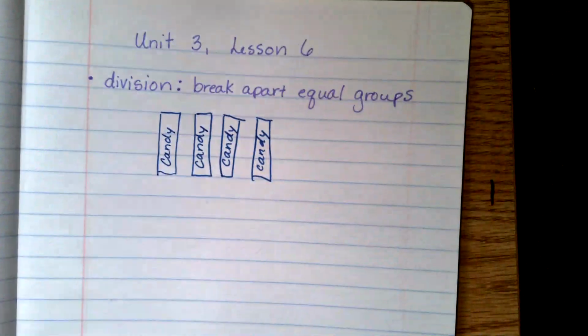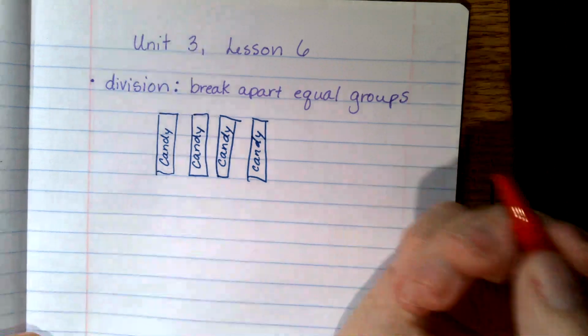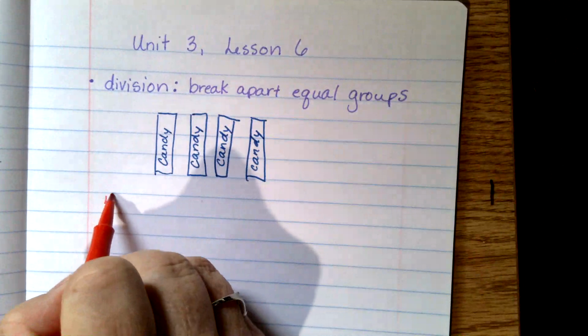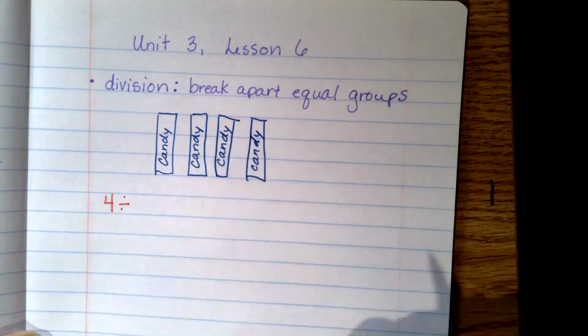All right, if I know I'm going to have some friends over after school, and I know that I have 4 candy bars, let's say there are going to be 3 of us, or 3 people plus me. So I've got 3 friends and myself. So there are going to be 4 people. So I have 4 candy bars. I'm going to divide them between 4 people evenly.